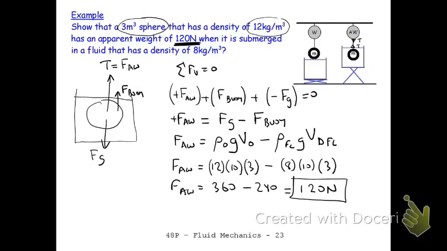I recognized it was an equilibrium, and I wrote down the sum of the forces vertically equals 0. That was from Newton's laws. I then looked at my diagram. I recognized that that little gauge is pulling up, and that's the apparent weight. I suppose I got that from my connected masses. Then I just summed them. So apparent weight force plus buoyant force plus the weight, but that's negative pointing downwards, equals 0.